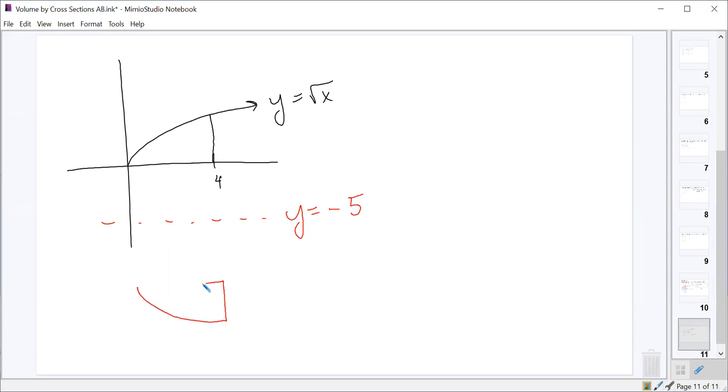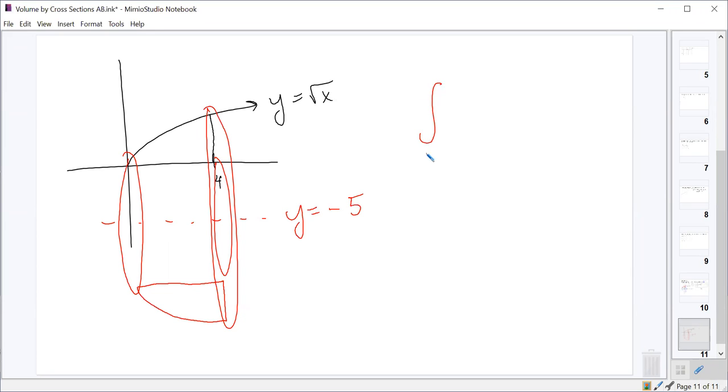What would that end up looking like? It'd look very similar to the last one, right? Except we just have a much bigger gap here, wouldn't we? Yeah. And so this should look like an integral with pi out in front from 0 to 4. And what is our outer radius going to be this time? The function plus 5, right?